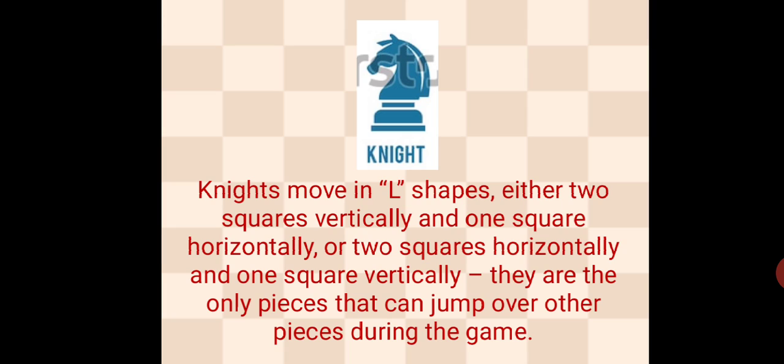Knight. Knights move in L shapes. That means square move, which I have just discussed. Knights move in L shapes, either 2 squares vertically and 1 square horizontally, or 2 squares horizontally and 1 square vertically.